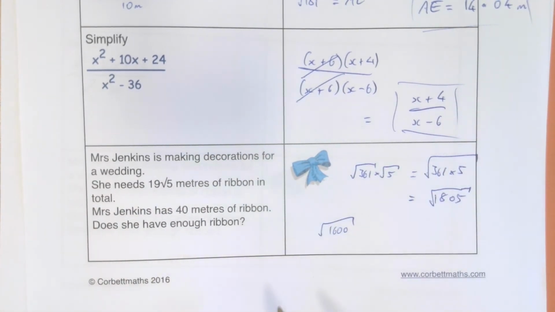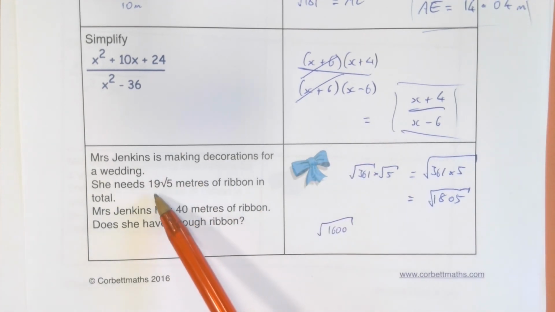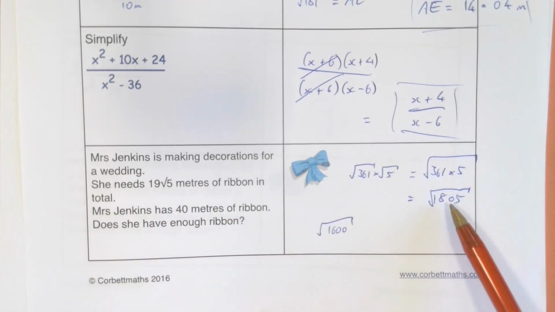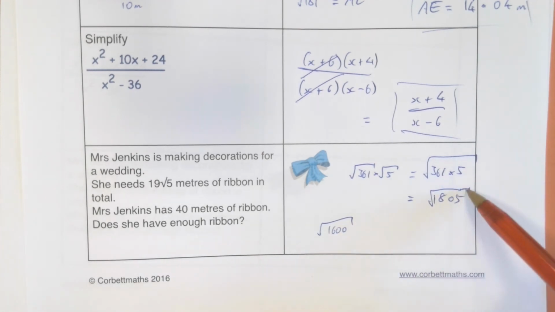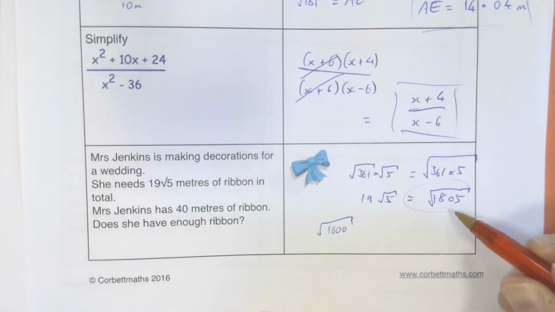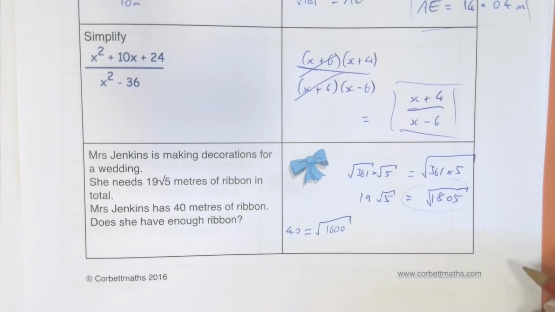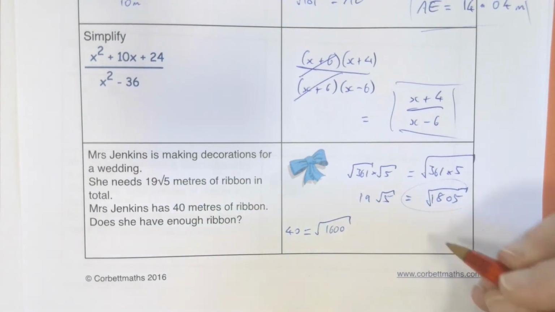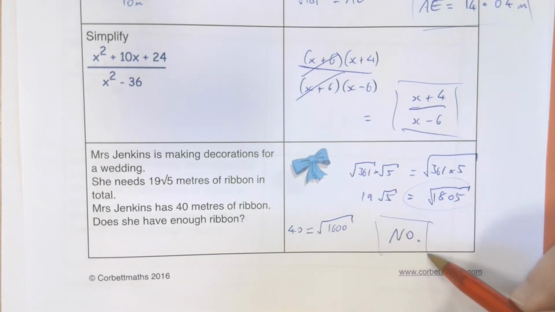Okay, 40 meters is root 1,600, and 19 root 5 meters is root 1,805. Well, which one's bigger? This one is. 19 root 5 is greater than 40. So because of that, no, she does not have enough ribbon.